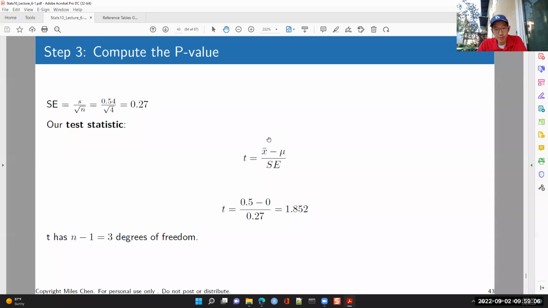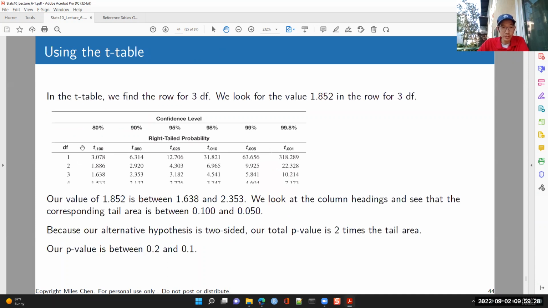Okay, so you calculate your test statistic, x bar minus mu divided by the standard error. Same formula as for a hypothesis test with one sample, and we get a t-score of 1.852 and 3 degrees of freedom. Then we look this up in the t-table, 3 degrees of freedom, 1.852.